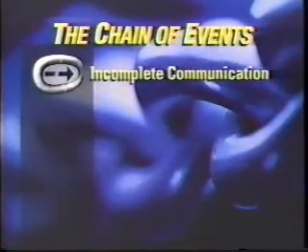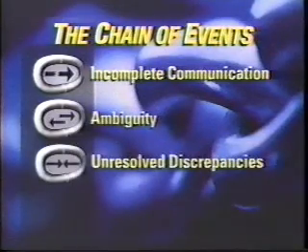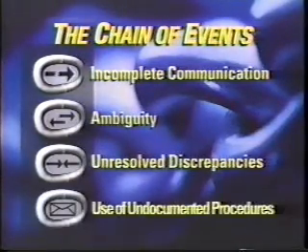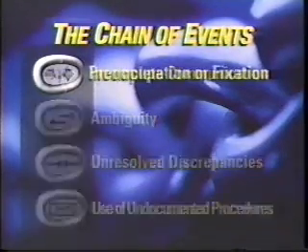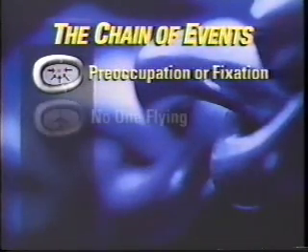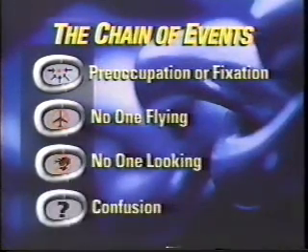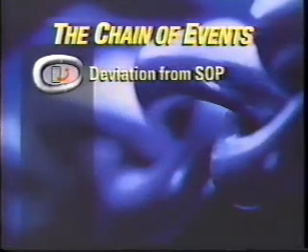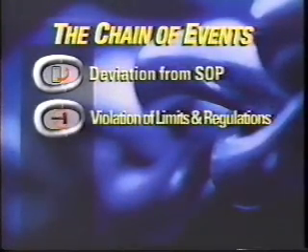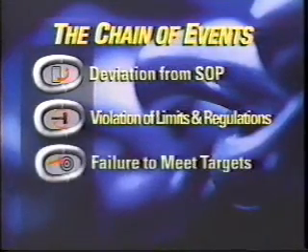Incomplete communication, ambiguity, unresolved discrepancies, use of undocumented procedures, preoccupation or fixation, no one flying the aircraft, no one looking, confusion, deviation from SOPs, any violation of limits or regulations, and the failure to meet targets, which can include airspeed, altitudes, headings or approach minimums, or plans and procedures that are not completed are all indicators that something is wrong.